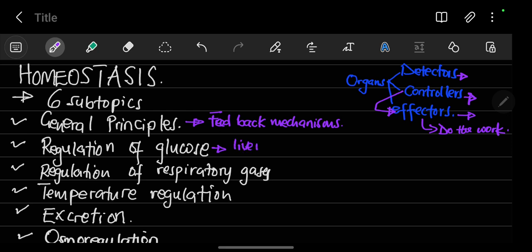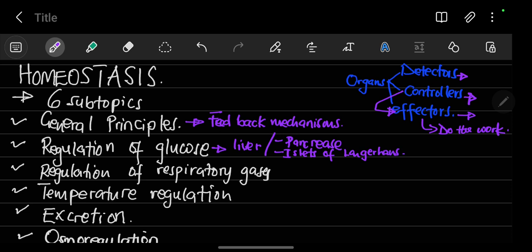So the organ involved is the liver, and our detector is going to be the pancreas, specifically in the islets of Langerhans.